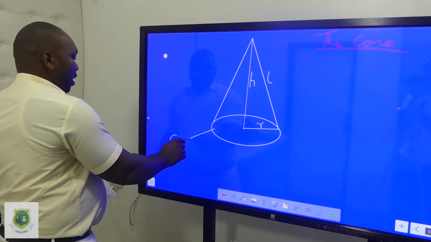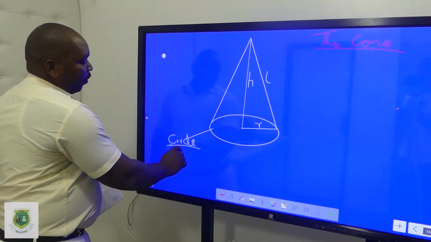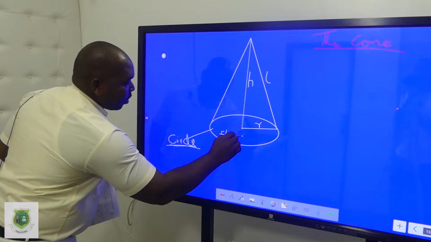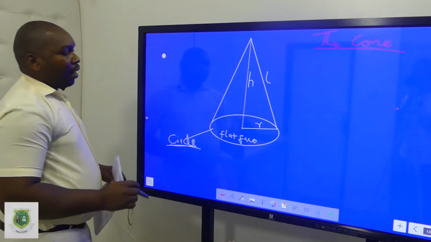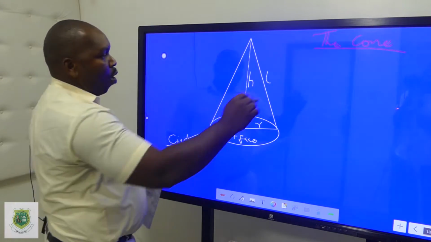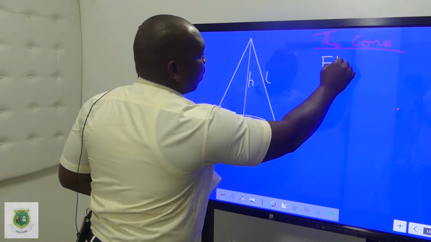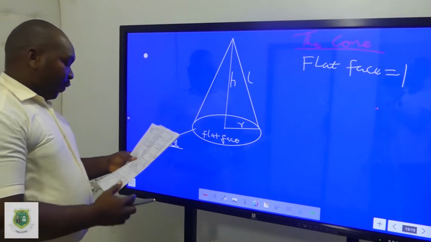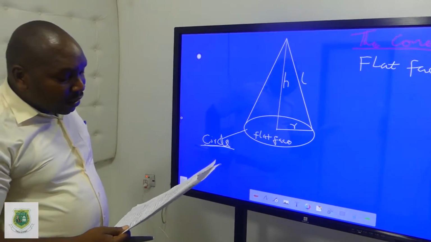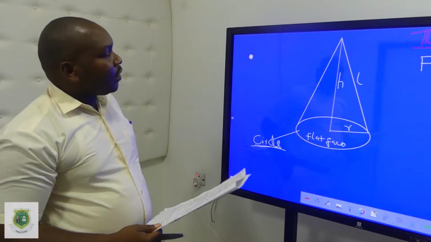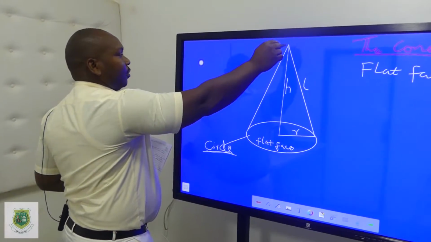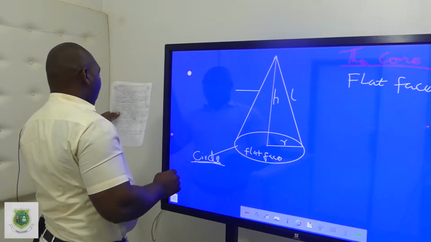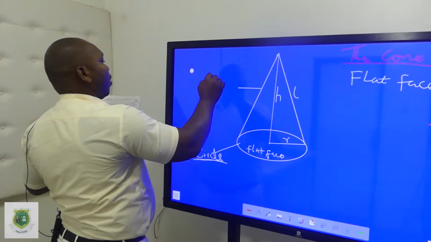This circle you are seeing here gives it a flat face. How many flat faces are you seeing here? 1. It has 1 flat face, and it also has curved face. Here is the curved face here.